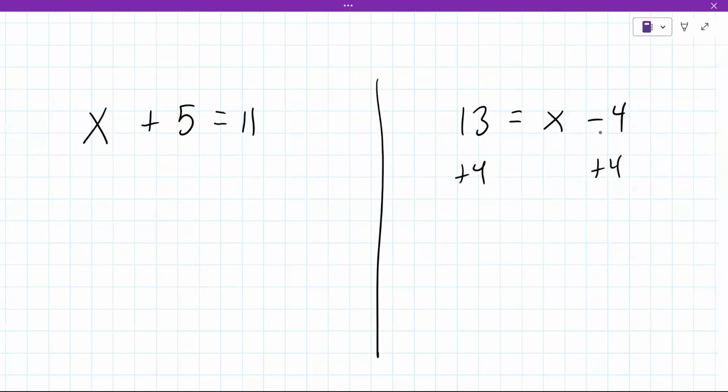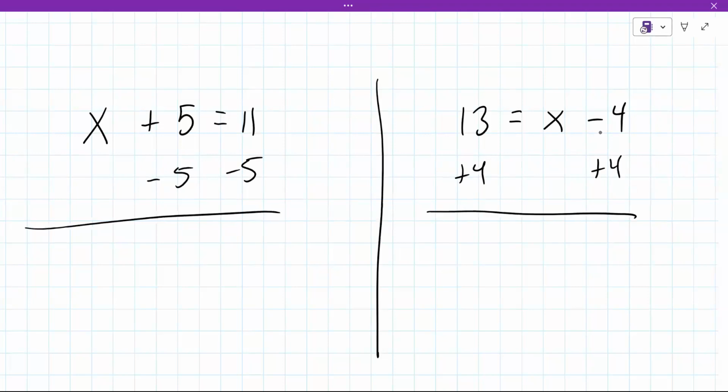Add 4, add 4. You always undo it: if it's a plus, you subtract. If it's a minus, you add.